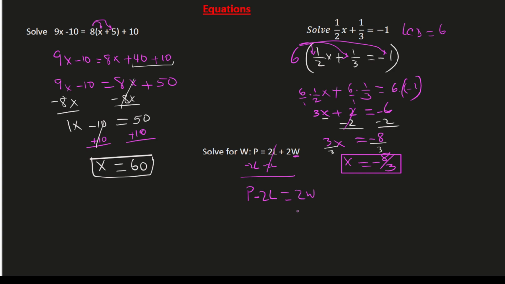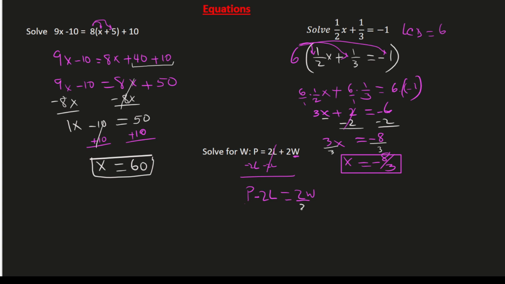And we get the last step. We divide by whatever is in front of W. We use the inverse of multiplication, because 2 times W is multiplication. The inverse of multiplication is division. So you divide by 2. Whatever you do on one side, you do the same on the other side. So let me use a different ink.